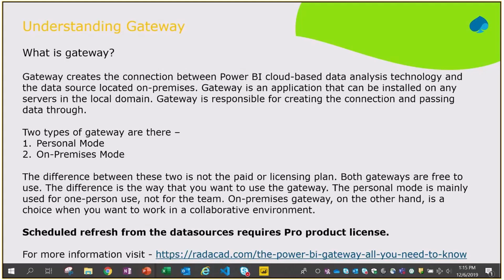And the on-premises one basically works because you have a team, and every team member is connected to that server to collaborate on that Power BI project. The main highlight is that schedule refresh requires a Pro license. It is not available in the free version. It is only available on Pro and above, which is premium.